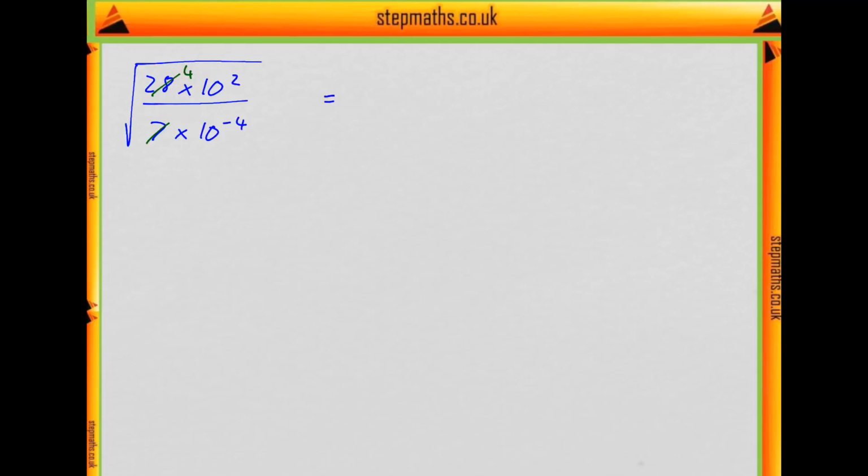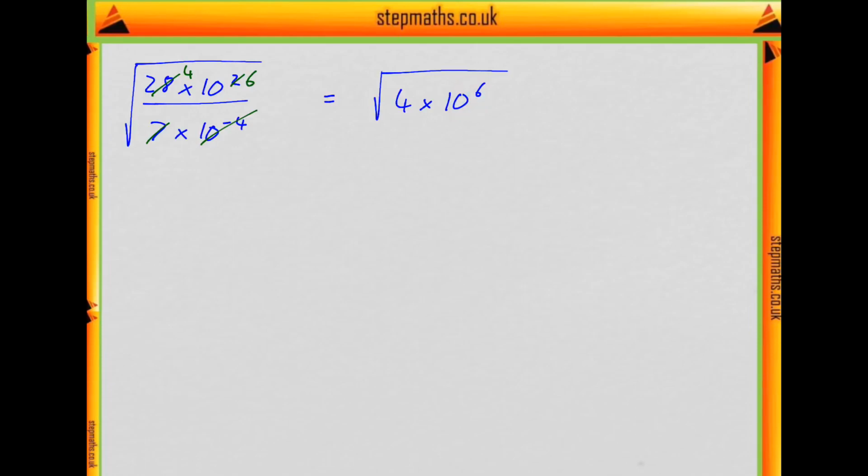And then the powers of 10, what do we need to know here? We need to know that if you divide a power of 10 by a power of 10, then the powers subtract, so I get this minus this. That's 2 minus minus 4, which becomes plus 6. So that means inside my square root I now have 4 times 10 to the 6.